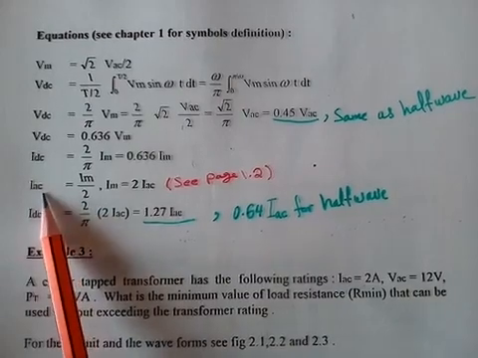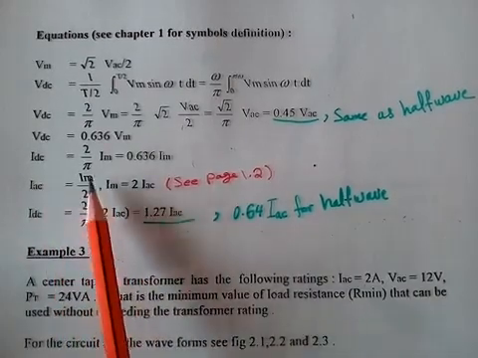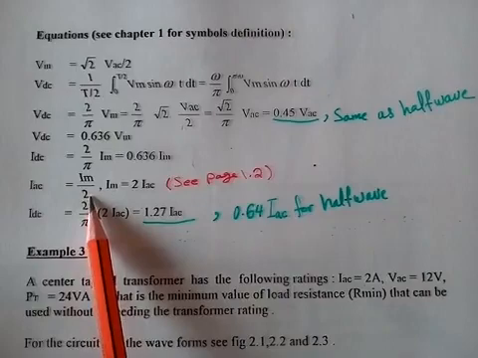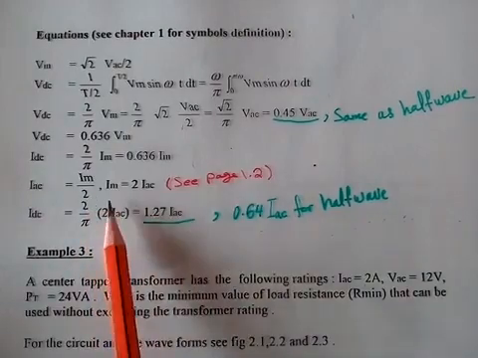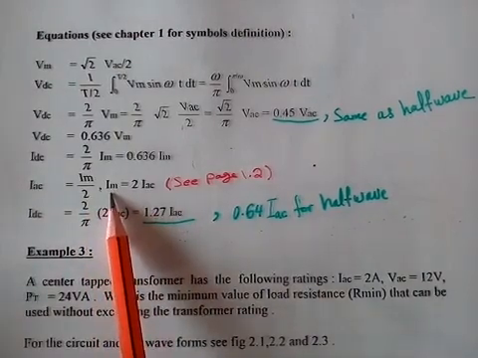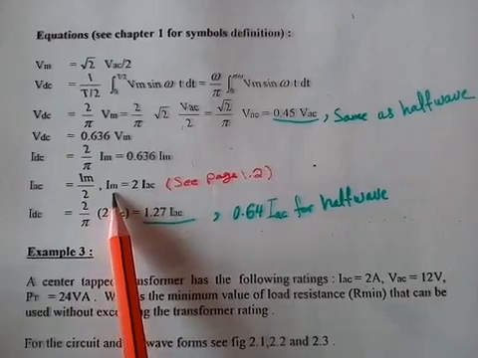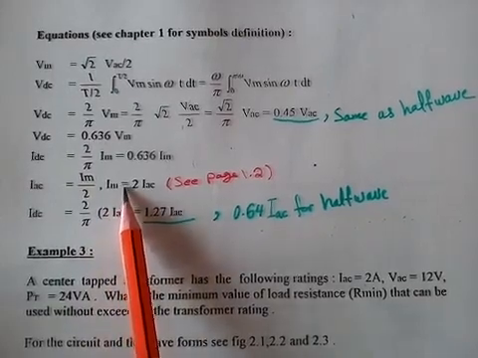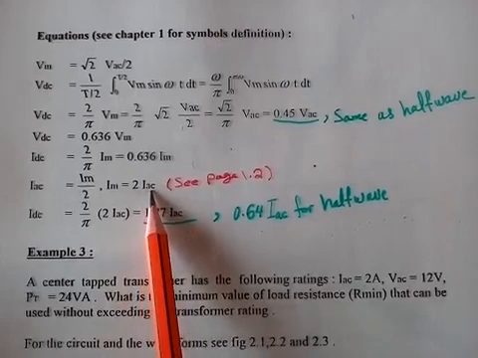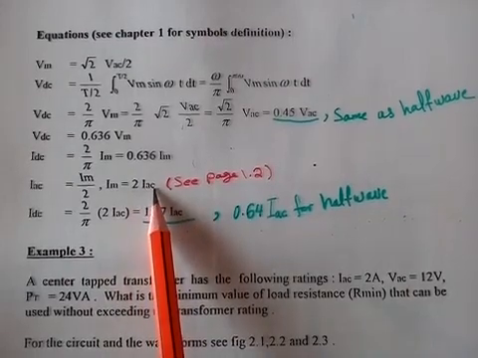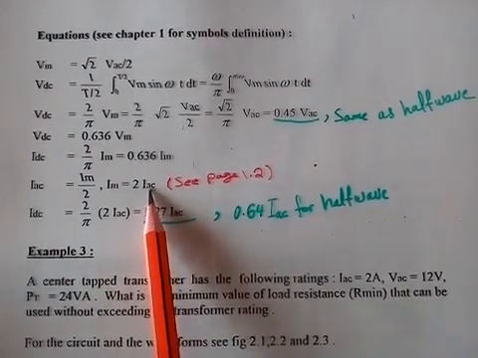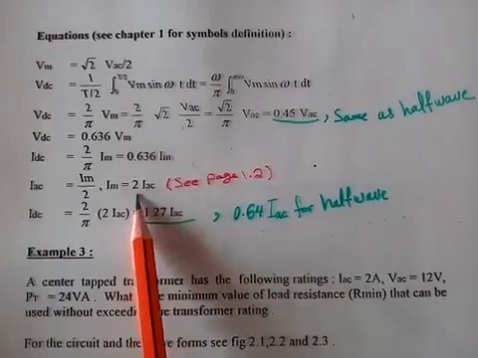IAC equals Im over 2. What that means is that you are allowed to make your maximum peak current equal to 2 times the IAC of the transformer without exceeding its specifications. Why?